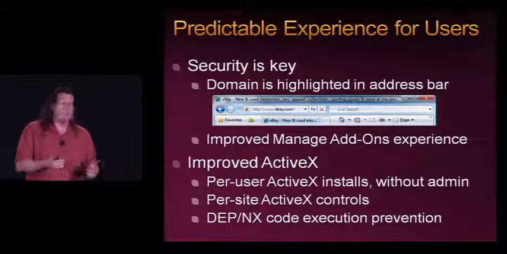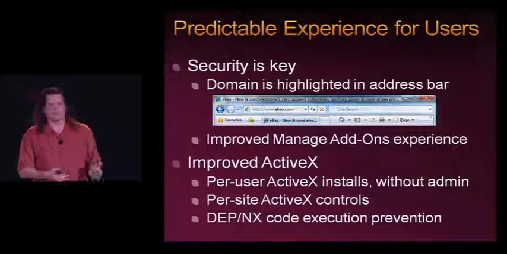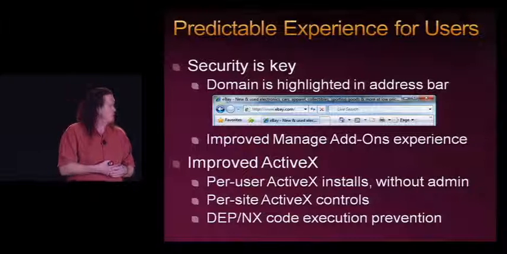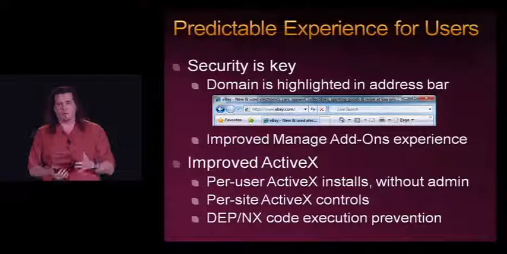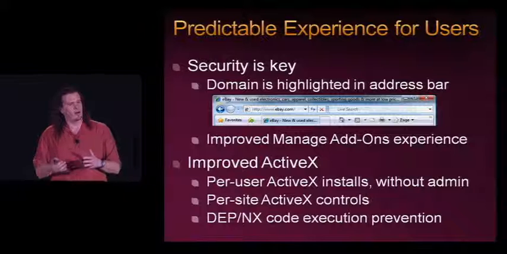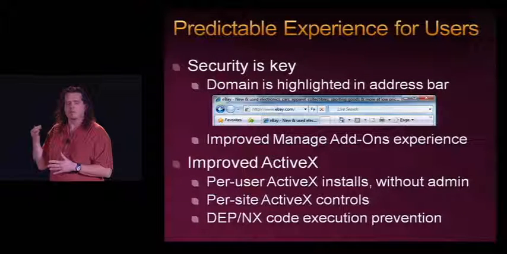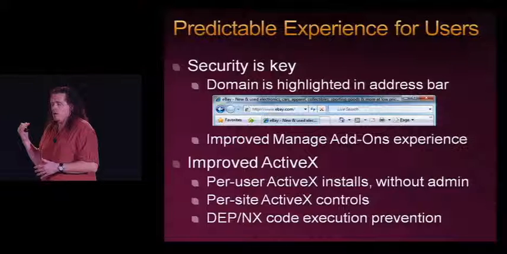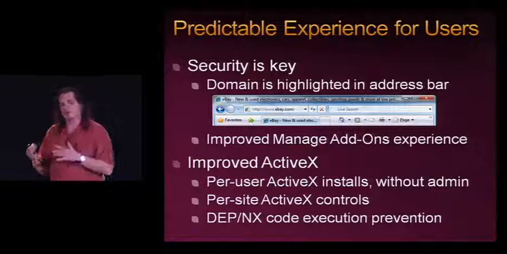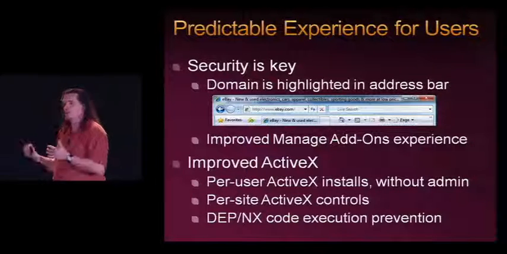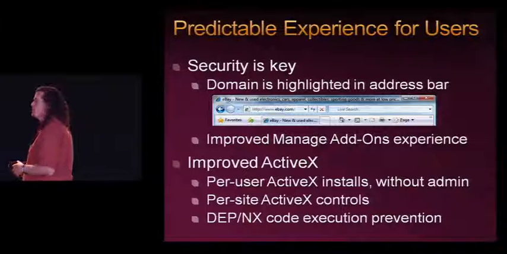In IE7, we did enable the data execution prevention and no execute bit on controls, but it wasn't on by default. Now these are on by default, which makes it really hard to execute code from a data block. So it's harder, even if you find an exploit, to actually run your own code.